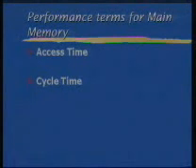So what we basically have to look into is first the memory speed, and then we will be looking into the performance of the bus. How do we define the performance of the main memory? Well, there are basically two indicators of that. The first one happens to be the access time, and the second one happens to be the cycle time. But what are these times?